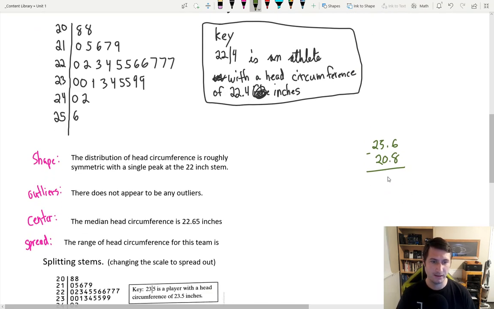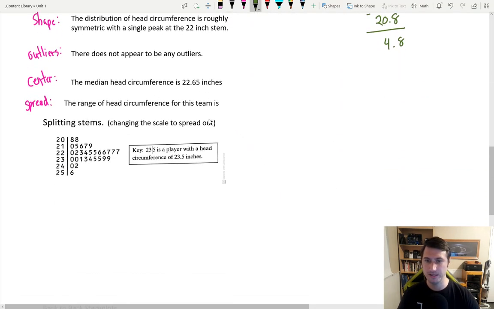What is that? 4.8, I believe. Yes. So our range is 4.8 inches. There we go.